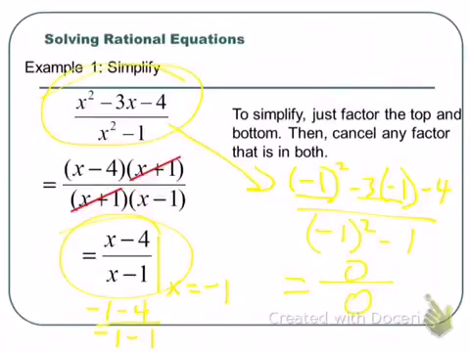Put 0 in the top expression, what do you get? Negative 4 over negative 1. Put 0 in the bottom expression, what do you get? Negative 4 over negative 1. They're equal at 0. They would be equal at any other number for x that we plug into the expression, except for x equals negative 1. Now, where does that negative 1 come from?